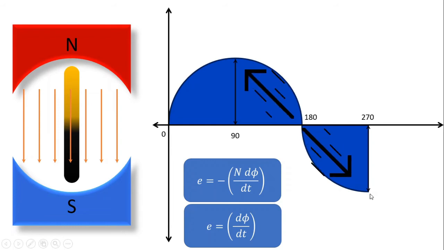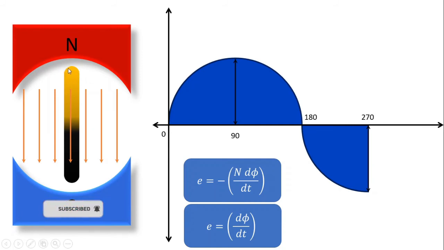But what is the difference between induced EMF at 270 degrees and induced EMF at 90 degrees? The difference between these two is the position of this conductor. The position of this conductor is shifted 180 degrees. Initially this yellow portion is towards the S side and this black portion is towards the N side. And now the yellow portion is towards the N side and the black is towards the S side.